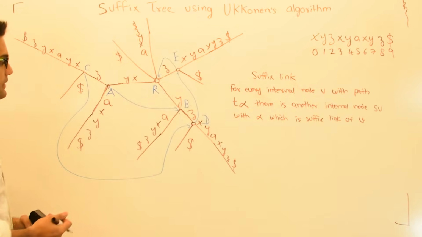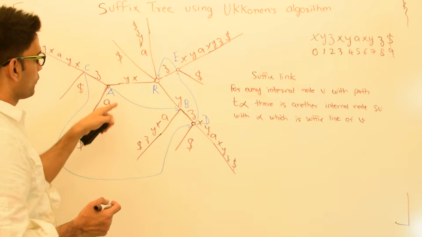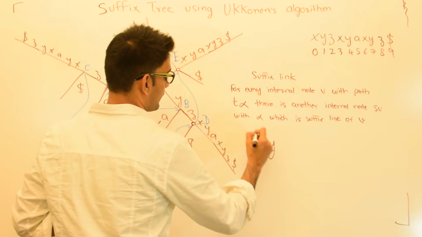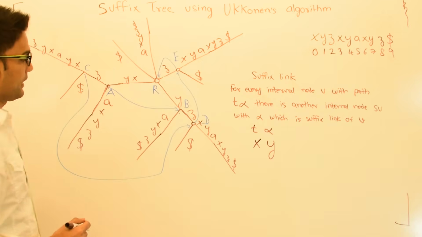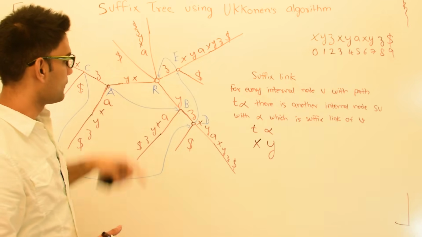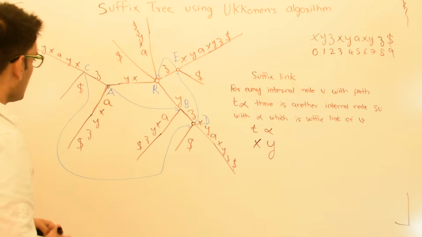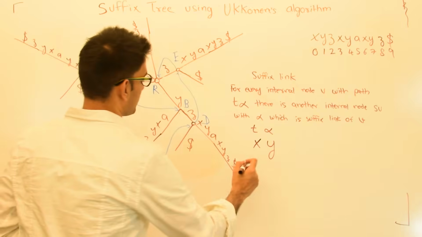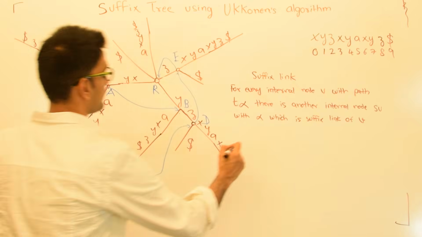Let's try to understand here. So b is a suffix link of a. So what is the path of a? X, y. Here x is t and y is alpha. So then b with the label y will be the suffix link of a as per this definition. Again, let's see. D is the suffix link of c. So what is the path of c from root?